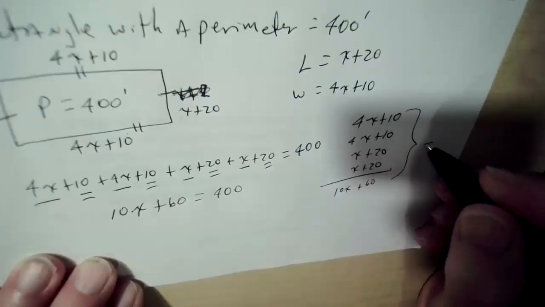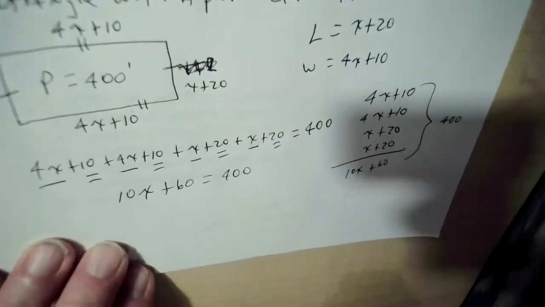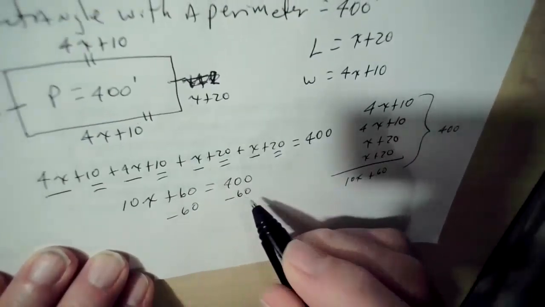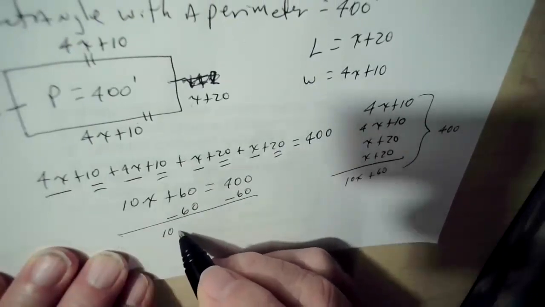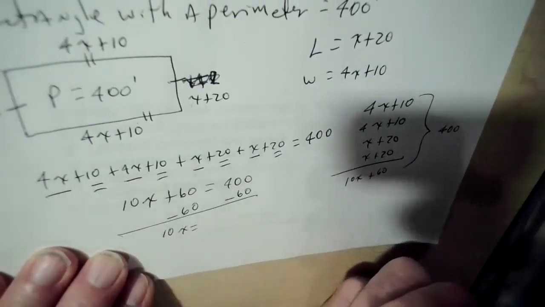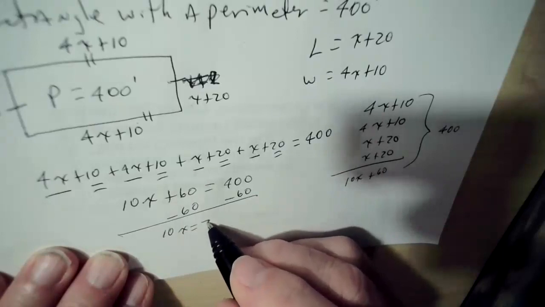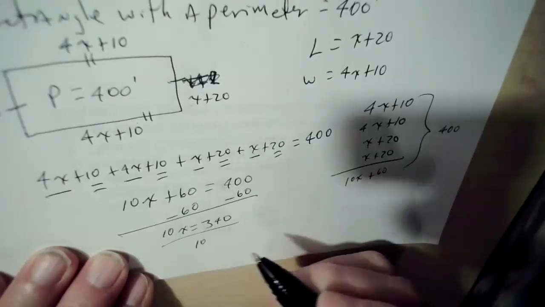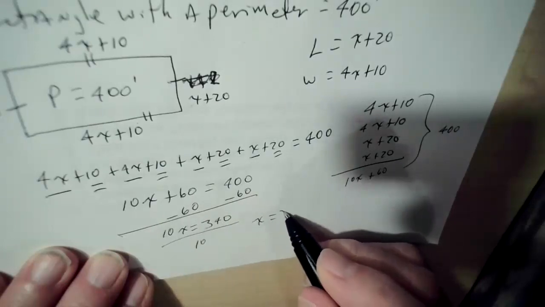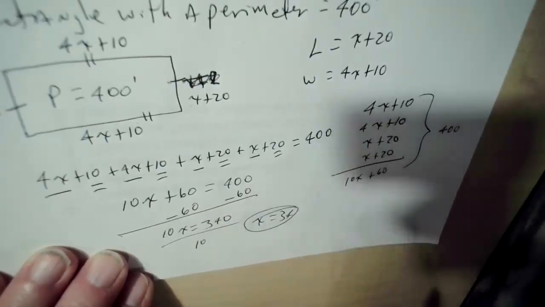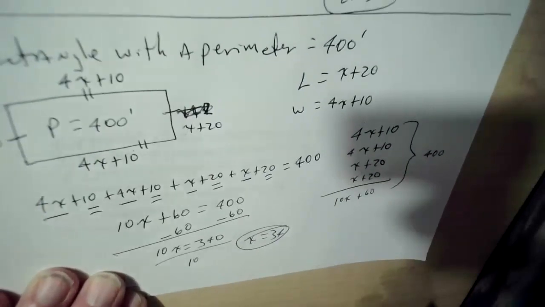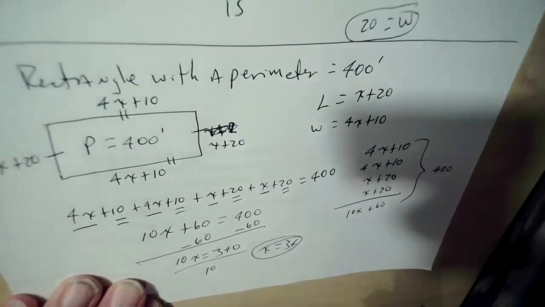That's 8x, 9x, 10x. And all that will add up to 400. Now, we subtract 60 from each side. 10x equals 340. Divide by 10. So x is 34.